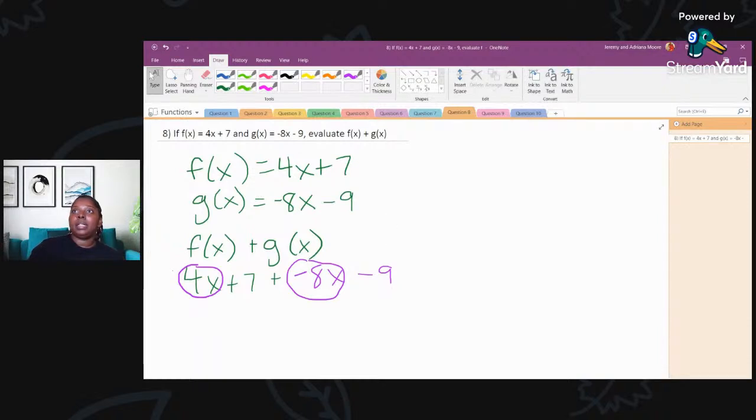Okay, 4x and negative 8x, different signs, subtract. Hi, Barbs. And we get negative 4x. I know, it's been so long since I've been here. Okay, 7 plus negative 9, different signs, subtract again, and we get minus 2. There we go.